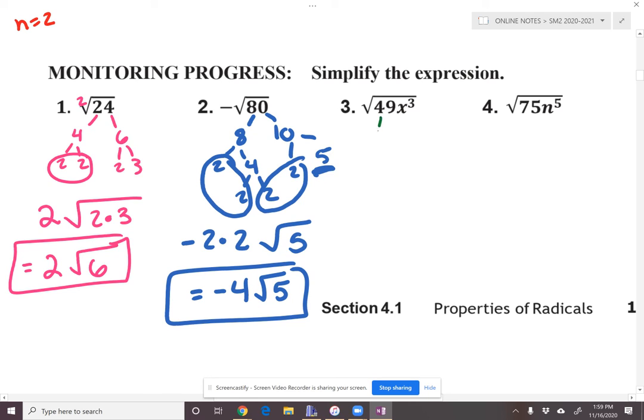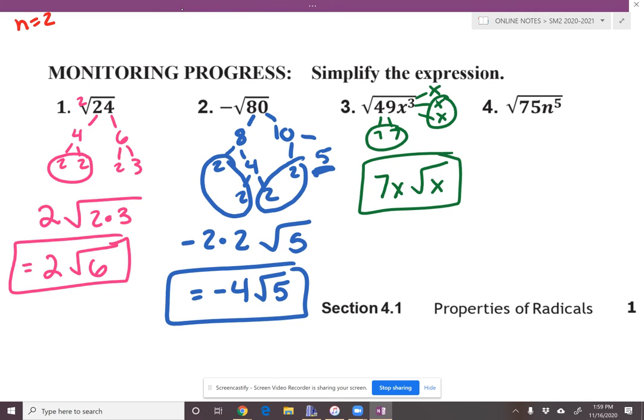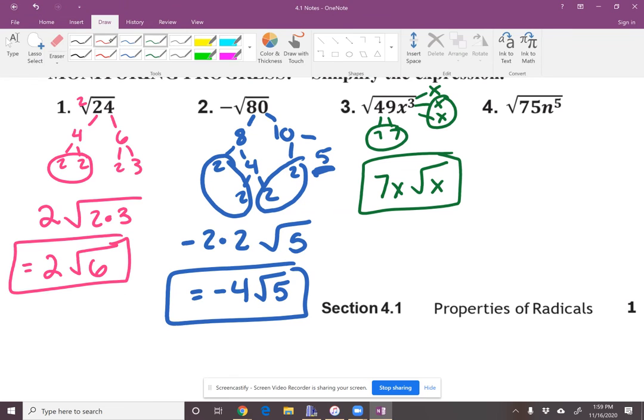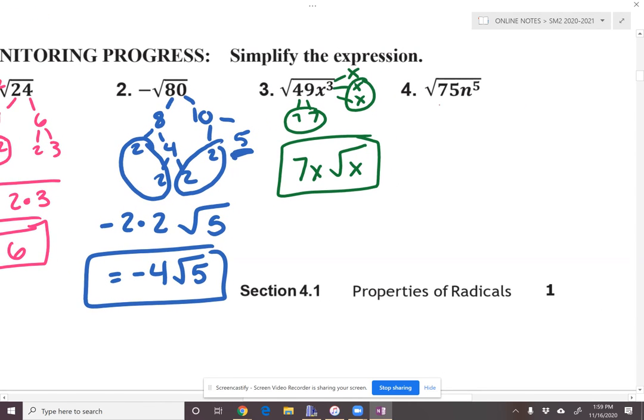So 49 is 7 times 7. There's a group. Then I have x, x, x. I can have one group, so I have a 7 and an x, and inside is just one x left over. Then the next one, the 75 and n to the 5th. 75, you might not know, but I know that 75 cents is 3/4, and 25 is 5 and 5.